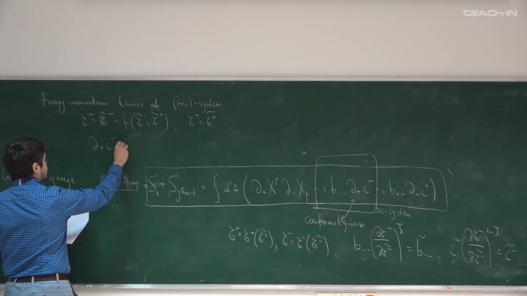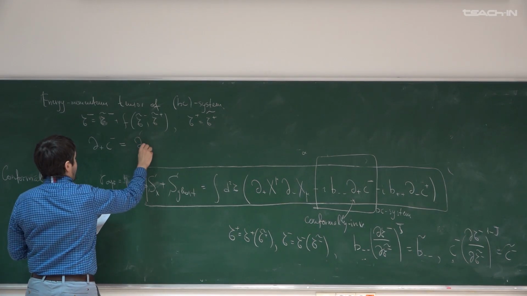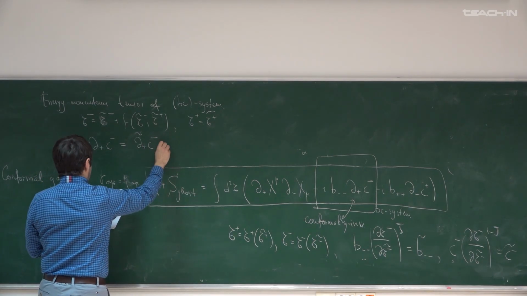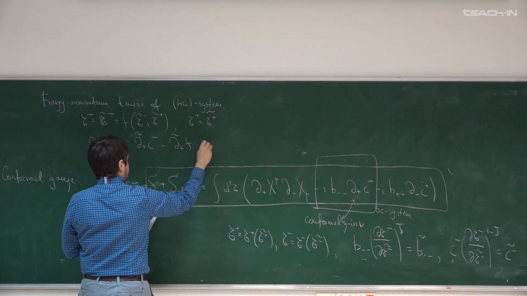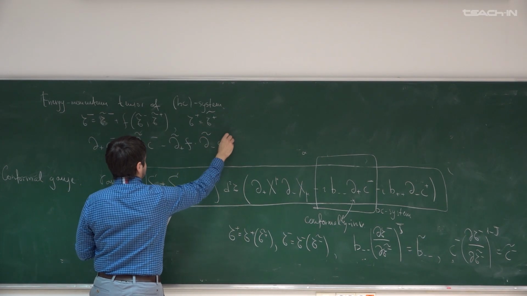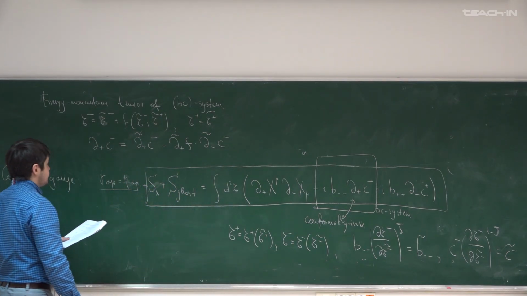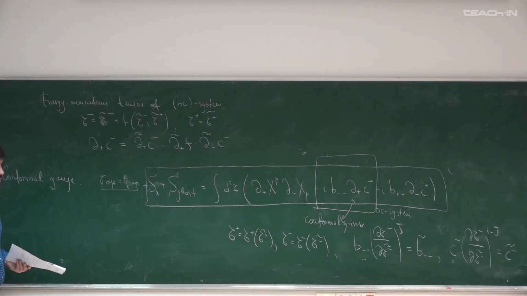So d plus c minus is d plus tilde c minus minus d plus tilde f times d minus tilde c minus. This is just the formula for the change of variables.